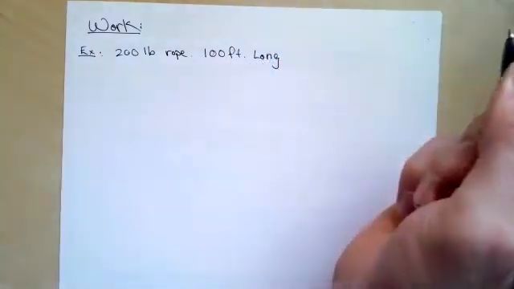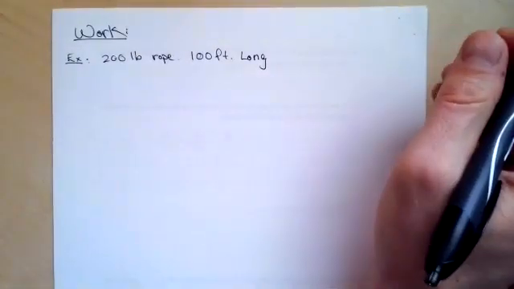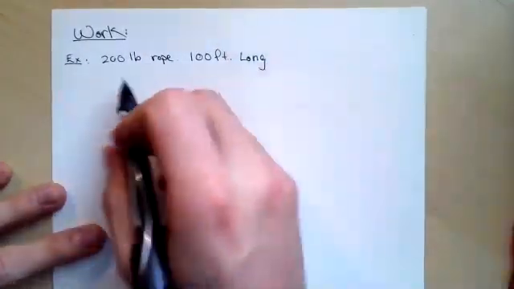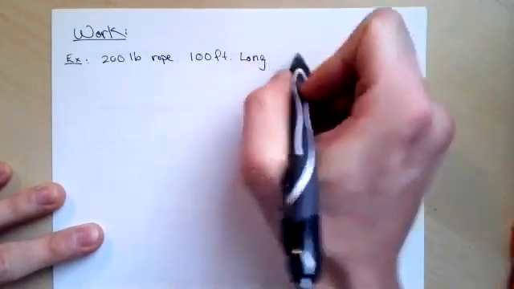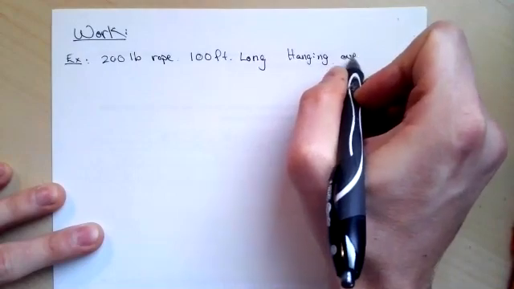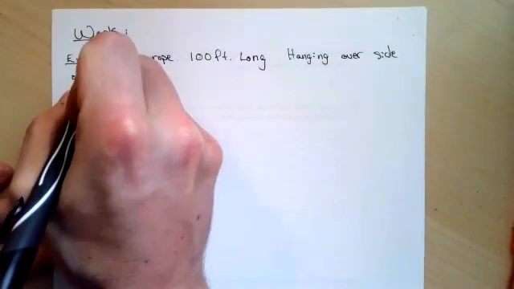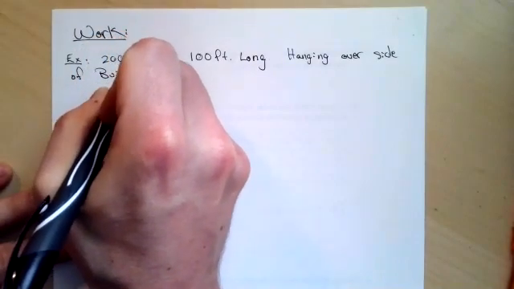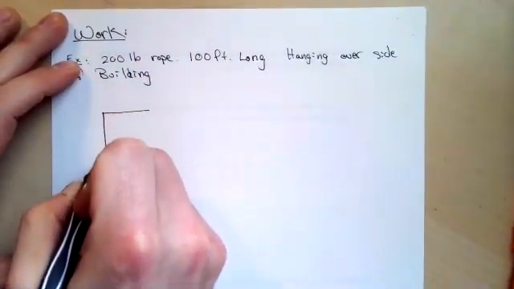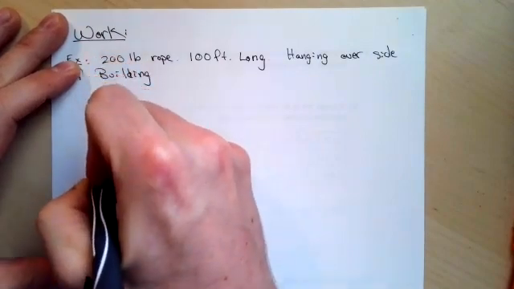If you want to use the metric system, just think 200 kilogram rope, multiply that times gravity if you want to get a force. 100 meters long. Change the units if you'd like. And it's hanging over the side of a building. So we've got this building. And let's just say we have the rope and it's hanging right at the edge and hanging straight down.